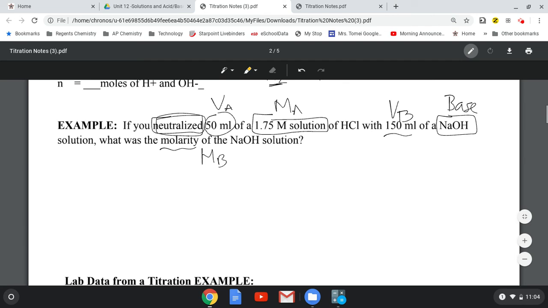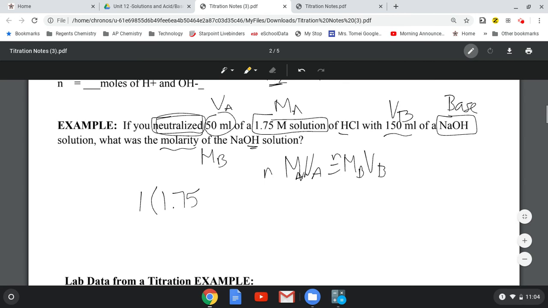So we have all of the appropriate variables to plug in and use in our equation, Ma times Va equals Mb times Vb, and I will throw that n value in there, even though it is 1 for both of them. So when I solve, I'm going to do 1 times the molarity of the acid.